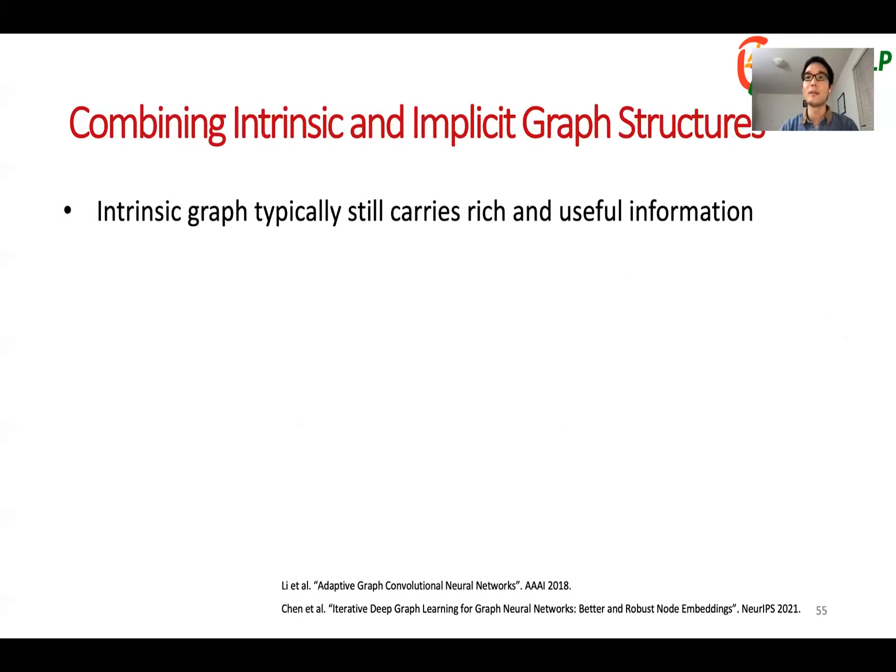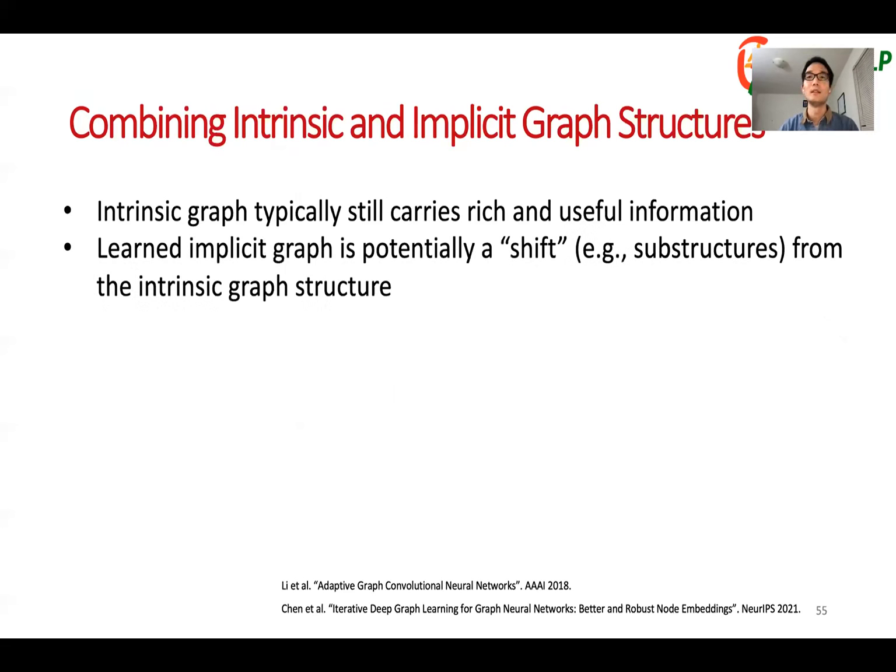The intrinsic graph typically still carries rich and useful information regarding the optimal graph structure for the downstream task. Some recent works proposed to combine the learned implicit graph with the intrinsic graph structure, based on the assumption that the learned implicit graph is potentially a shift from the intrinsic graph structure, which is supplementary to it.